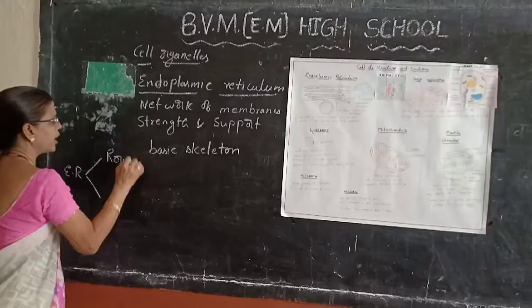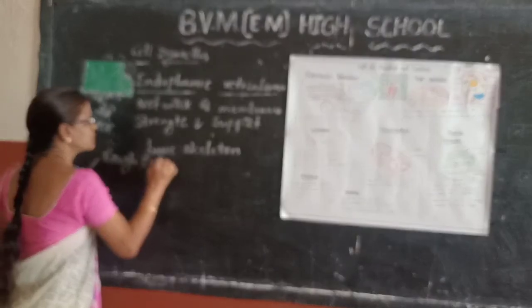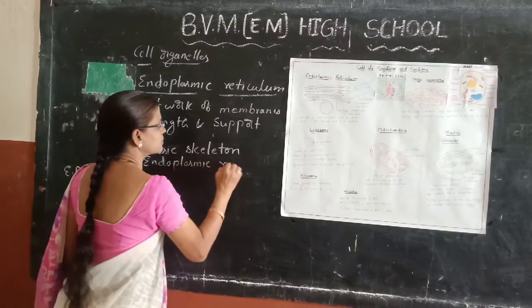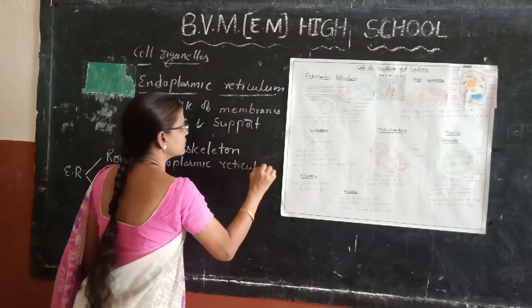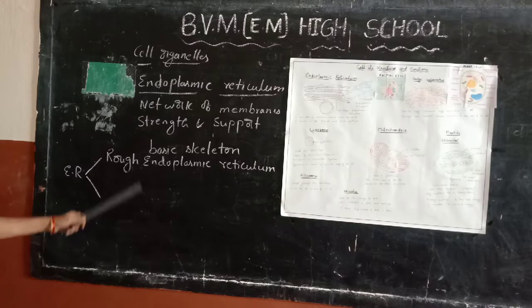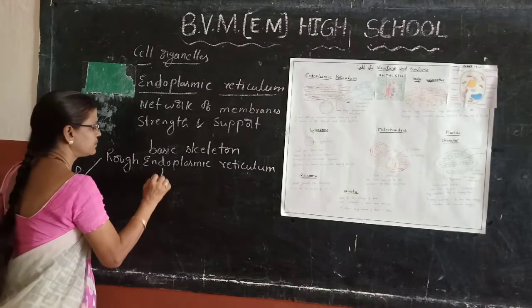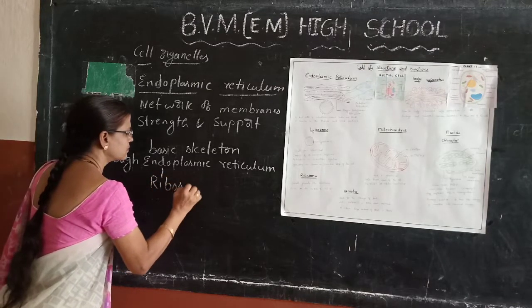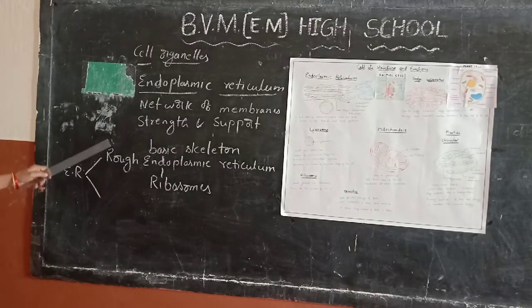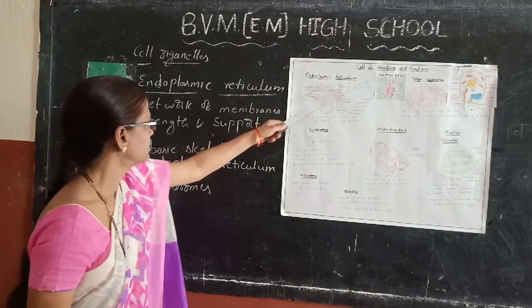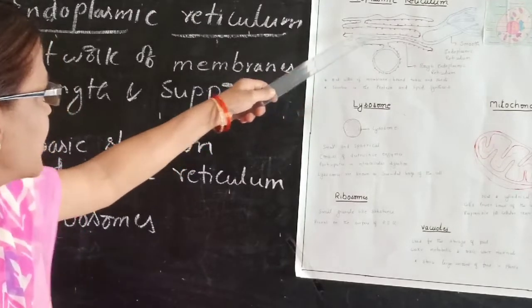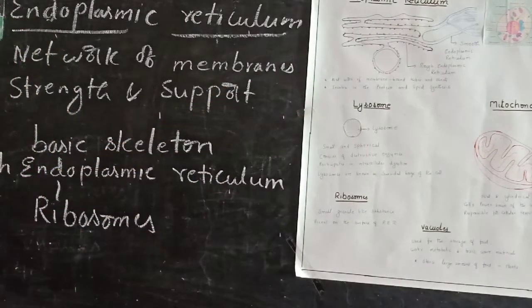Rough endoplasmic reticulum: the endoplasmic reticulum to which ribosomes are attached is called rough endoplasmic reticulum.